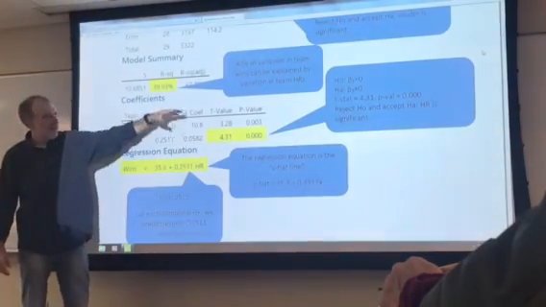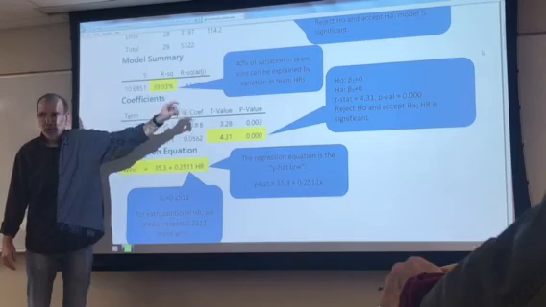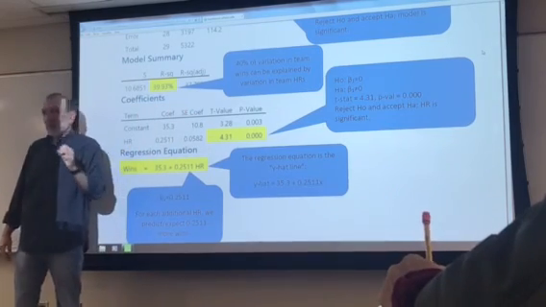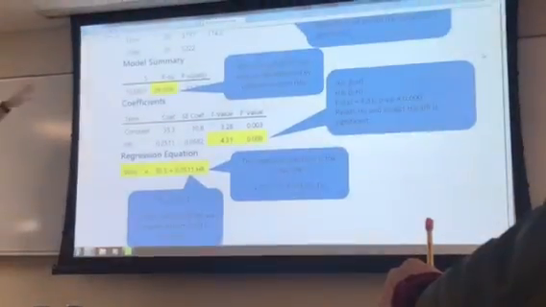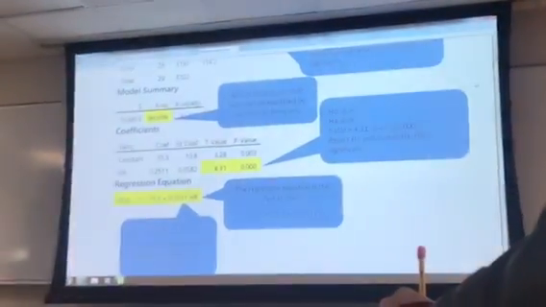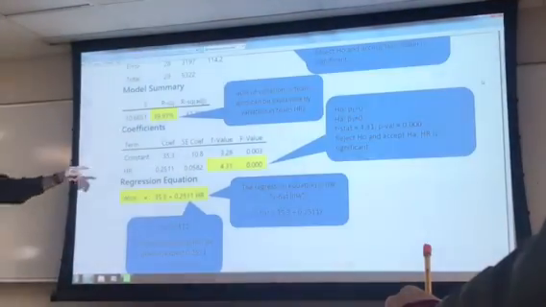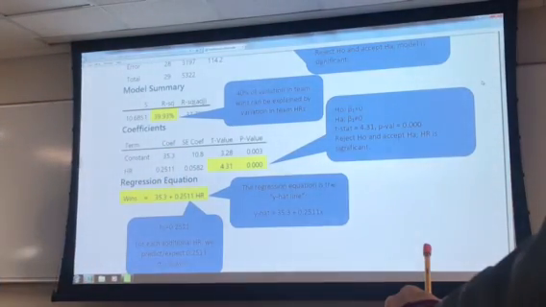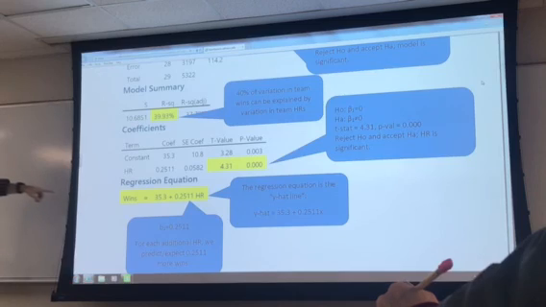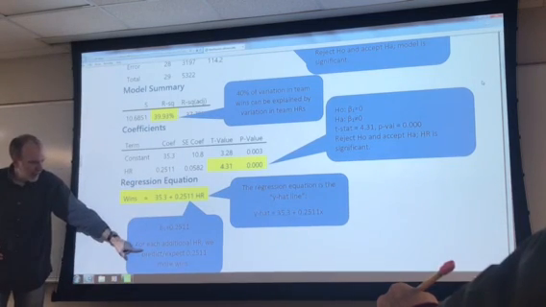So I'm highlighting the important numbers in here and telling you what those numbers mean. If I were you, I would open up that Minitab data set, do this regression, make sure you can get the same regression I did, and then look at these numbers until you feel comfortable discussing what they mean. And I did the same thing down here with my B1, and I explained exactly what the B1 means.